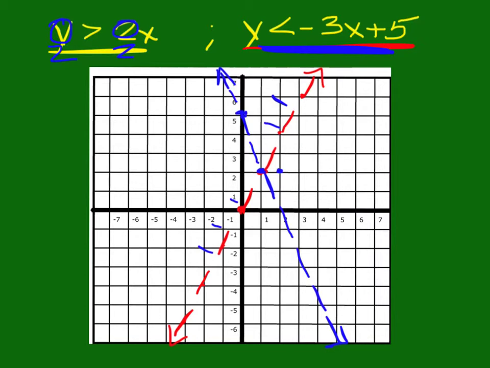For that one, can we use 2, 2? It's the blue line on the screen. Yes, we can use 2 and 2, so we'll have 2 there and 2 there. That would be 2 less than negative 6 plus 5, which is 2 less than negative 1. Is that true? 2 is not less than negative 1, so that is false.